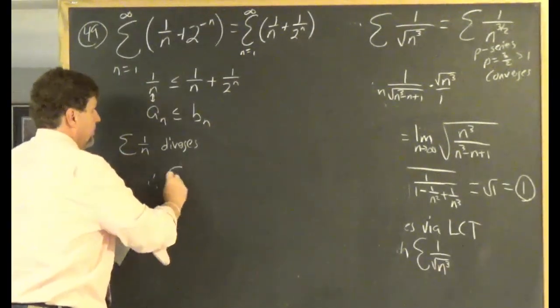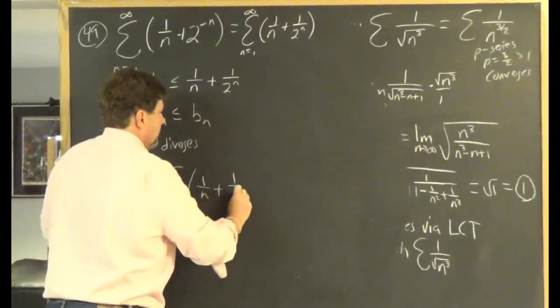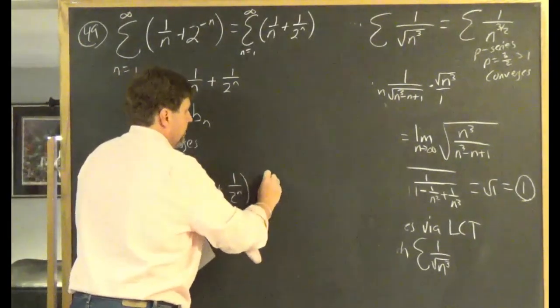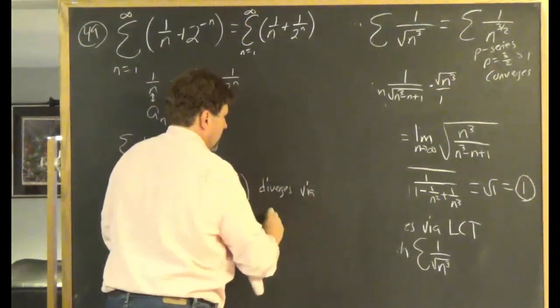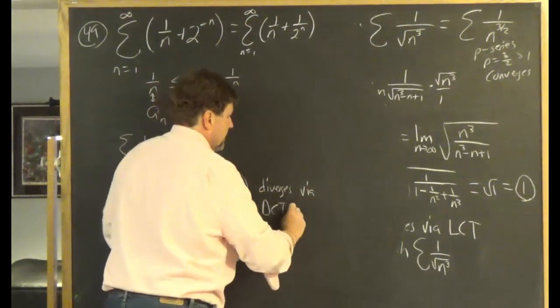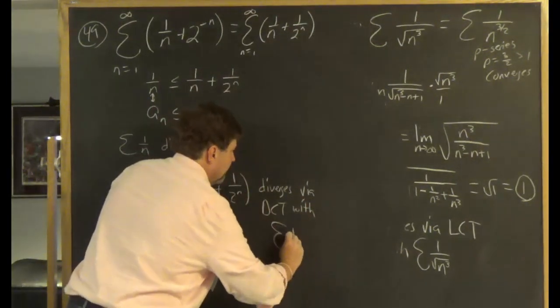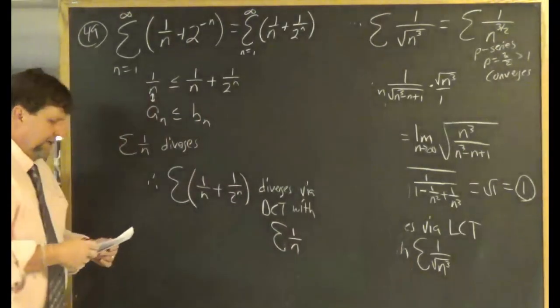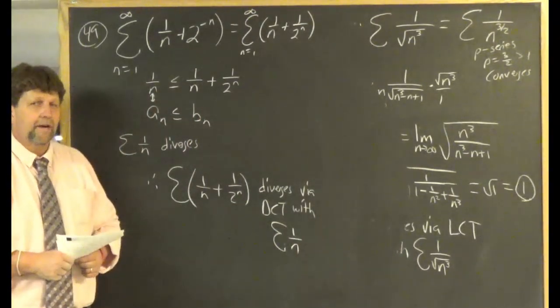So we know this series, 1 over n plus 1 over 2 to the n, diverges thanks to the direct comparison test with the known divergent harmonic series. That was a cool one. I really liked it.